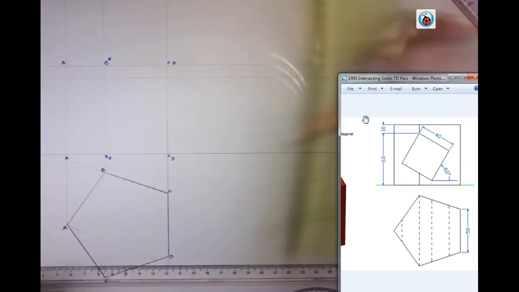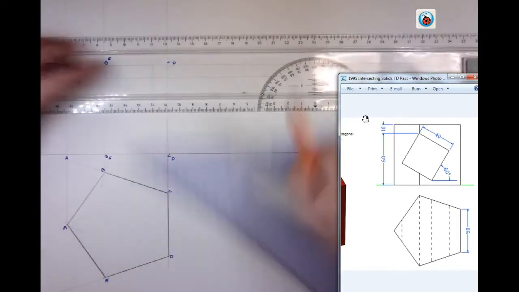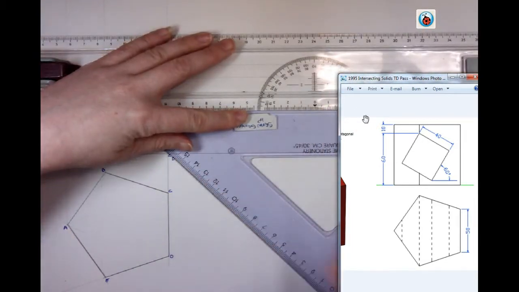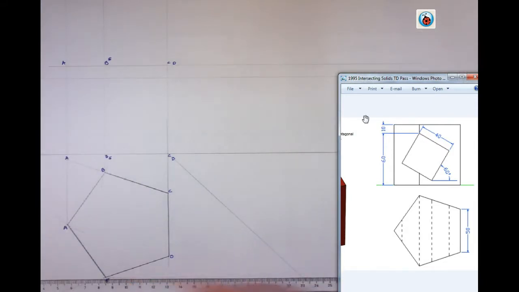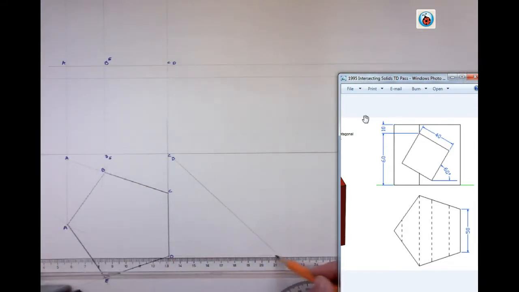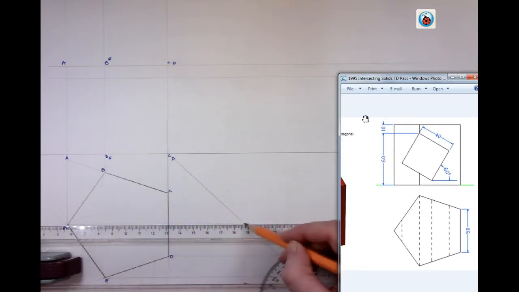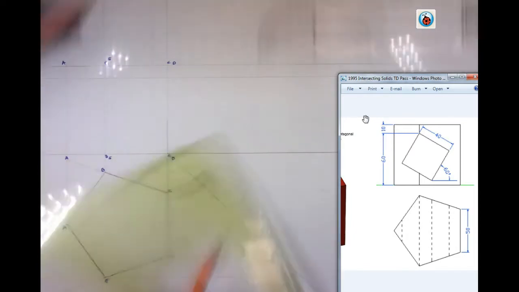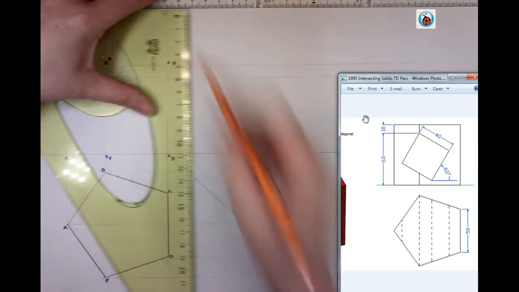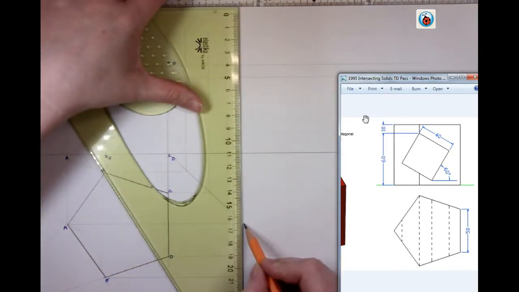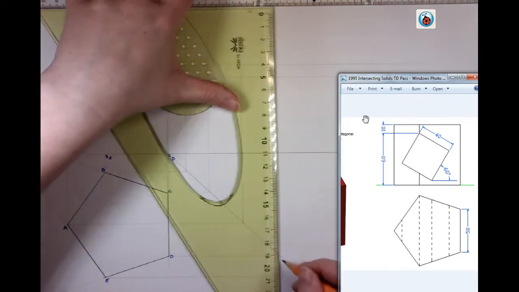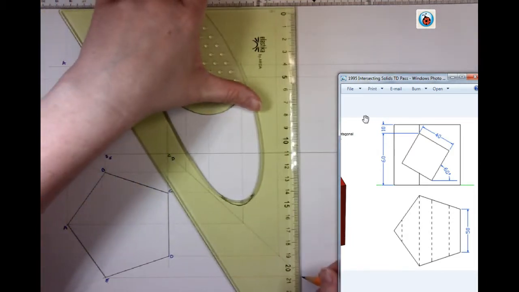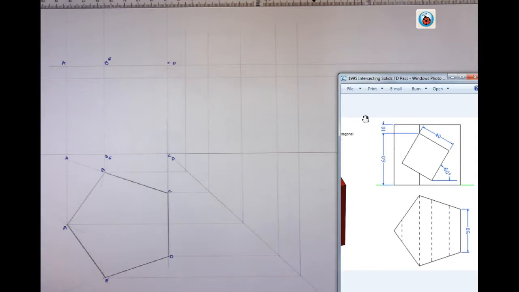So a 45-degree line. Each point over until it hits my 45-degree line. Lovely, and I'm going to index those points.